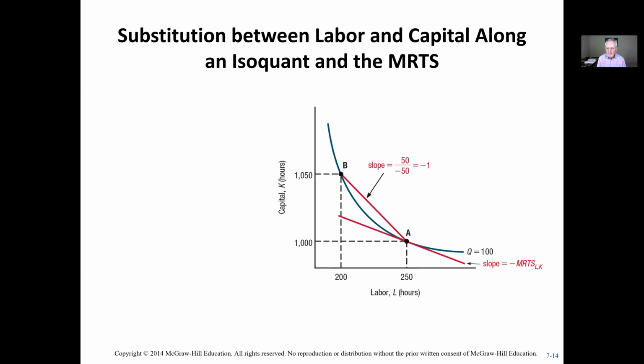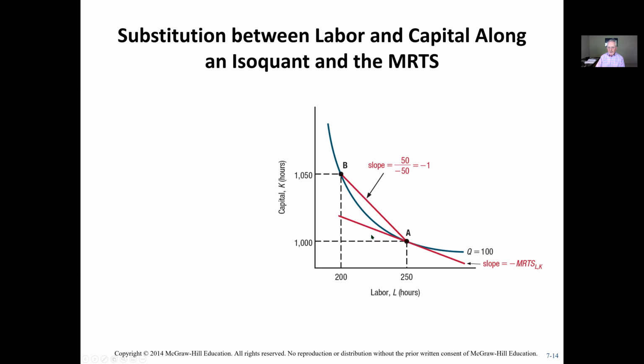And this is what we think of as the negative of the slope, because we think of MRTS, marginal rate of technical substitution, as substituting labor for capital. We think of that as a positive number, therefore the MRTS is the negative of the slope of the isoquant at any given point. And it has that interpretation for me.